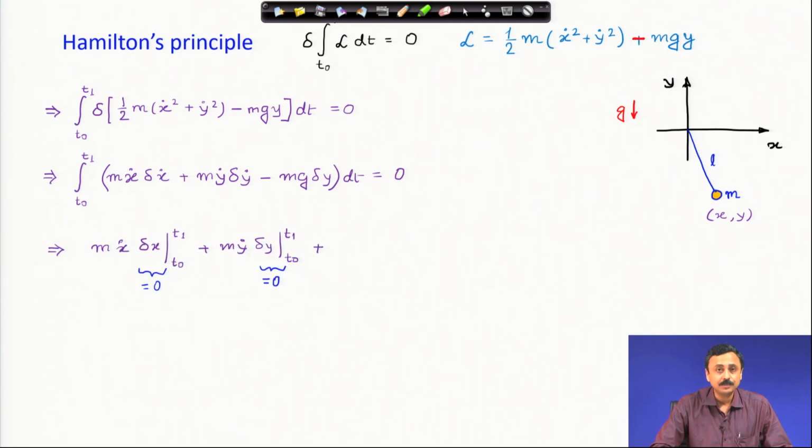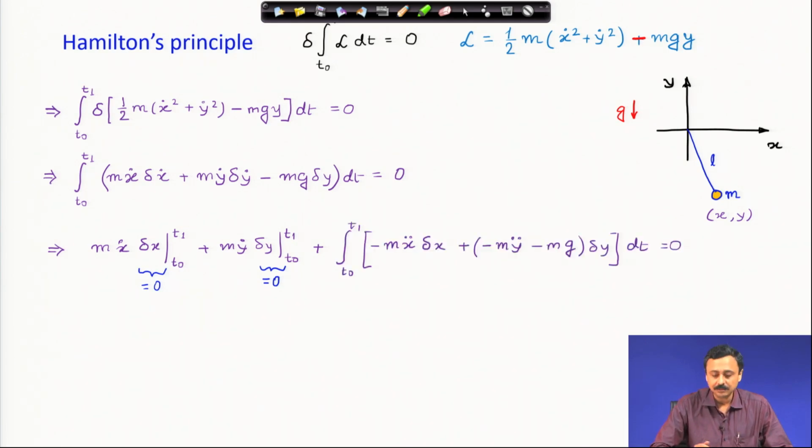We have the boundary terms, and remember that at t equal to t0 and t1 our variations are 0, of course. So, variation in x is 0, variation in y is 0. And what do we have in the integral? We have negative of m x double dot delta x plus this term times delta y, and that integrated over time must be equal to 0.